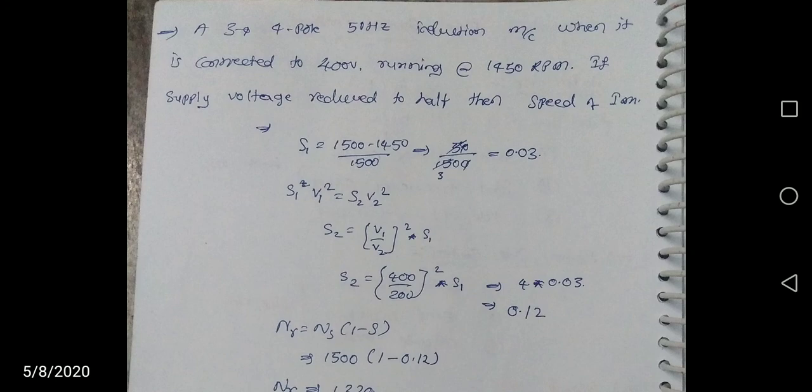So here you should calculate the two slips, because the voltage is reduced from 400 to 200, so the slip also increases. See that S1 equal to (1500 minus 1450) by 1500, because Ns value is 1500 for 4 poles, so we get 0.03 slip value.